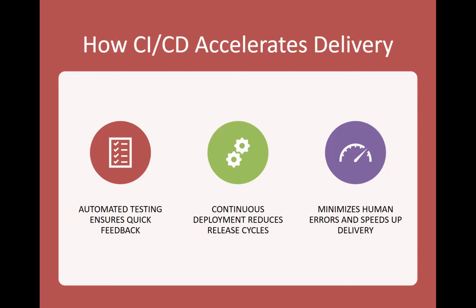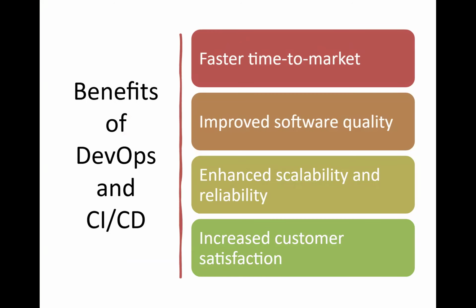It automates testing, ensures quick feedback, continuous deployment reduces release cycles, and minimizes human error and speeds up delivery. The benefits of DevOps and CI/CD are faster time to market, improved software quality, enhanced scalability and reliability, and increased customer satisfaction.